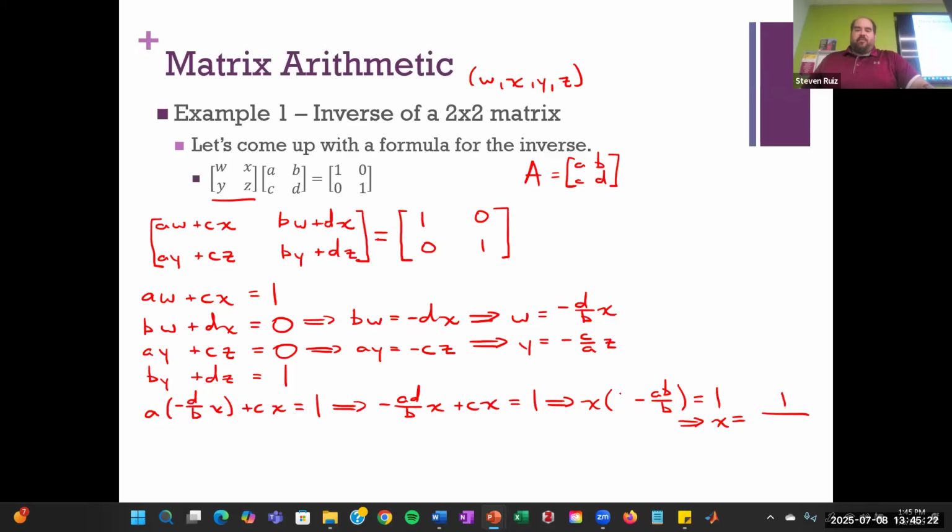I'm going to find the common denominator here. So cb minus ad, all over b. So then 1 over that would just be the reciprocal, right? b over cb minus ad.